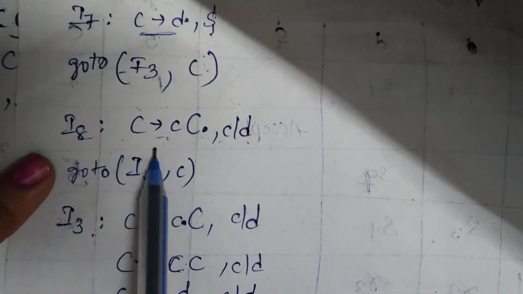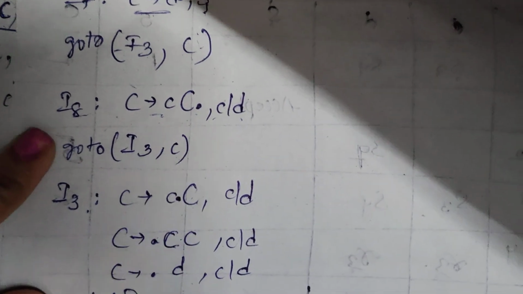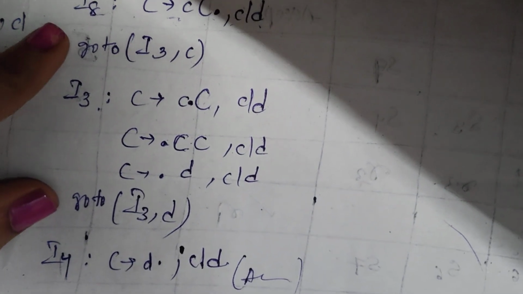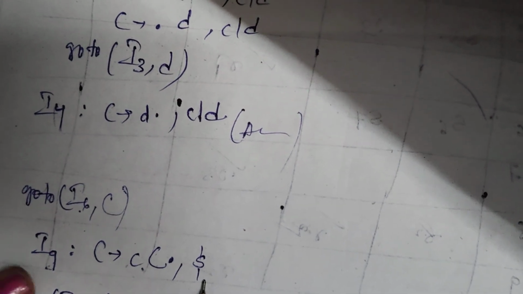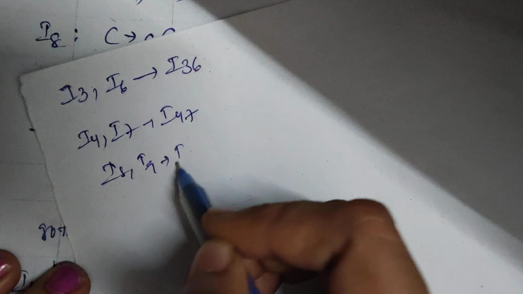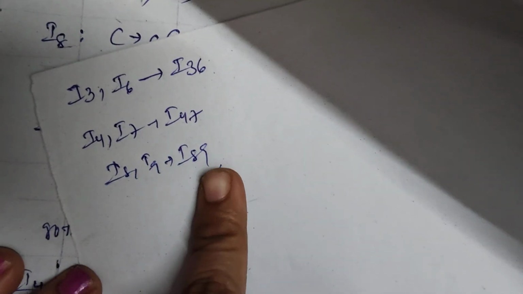Next, 8. Do we have it anywhere else? Here we have it, but with different lookahead symbols: CD here, dollar. So we can combine 8 and 9 also. I8 comma I9 is I89. In the table also we need to write it combined.